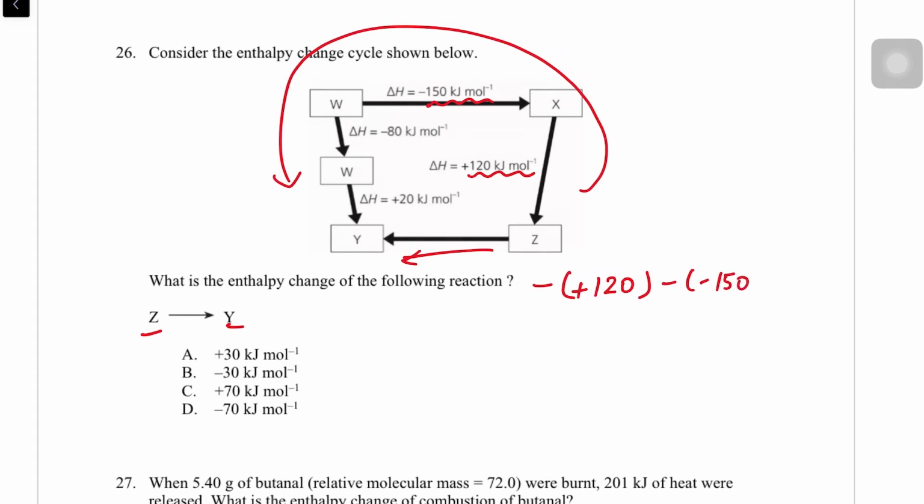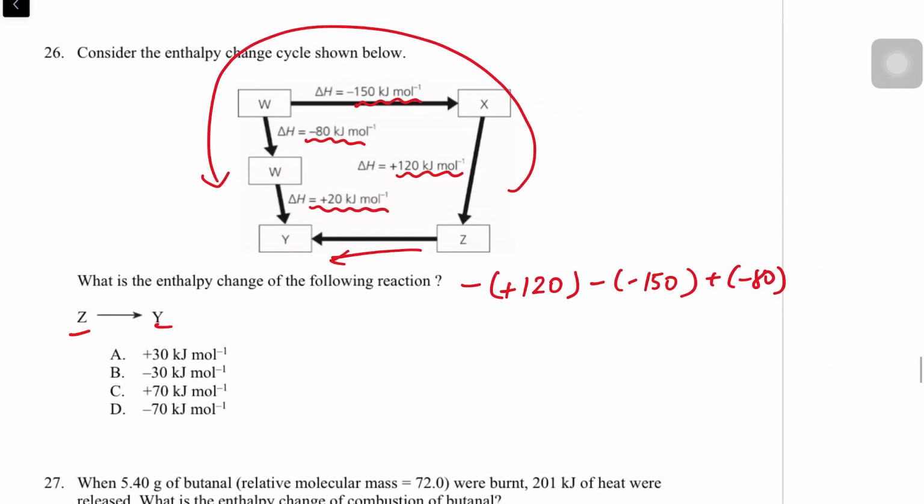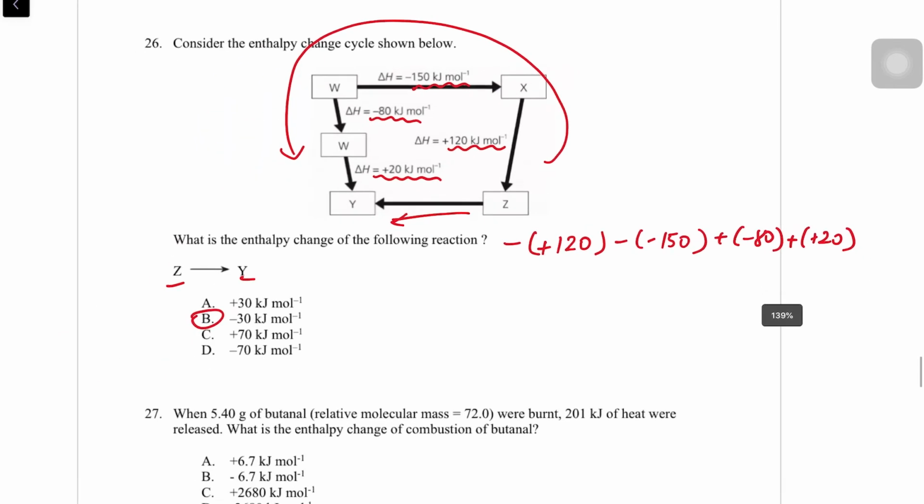So this one. Then we follow the direction of the arrow, so it's positive. Finally, we follow the arrow of this one. So again, this one. Okay, so the answer for 26 will be B. Okay.